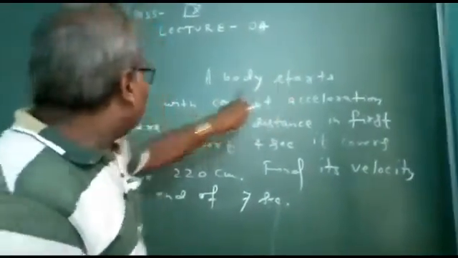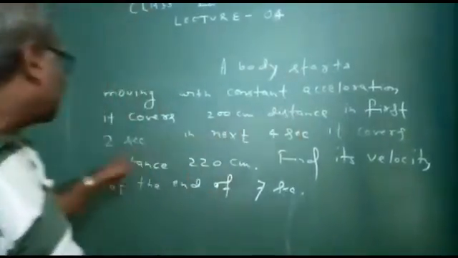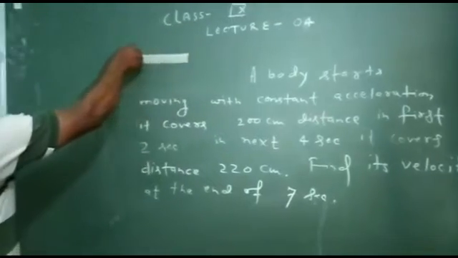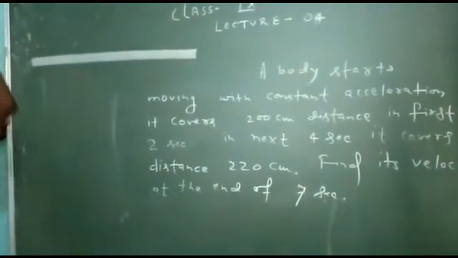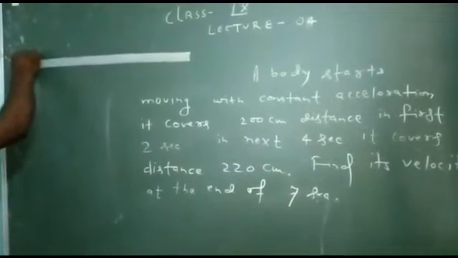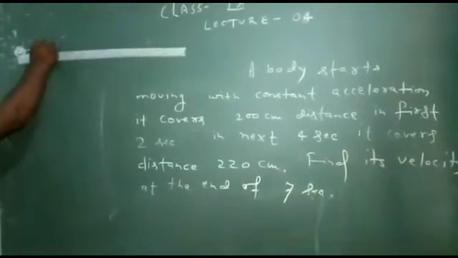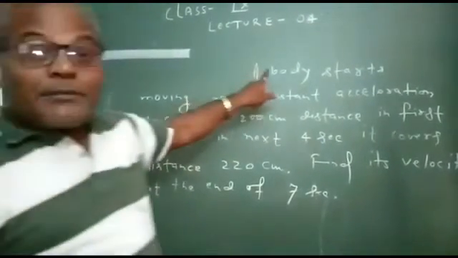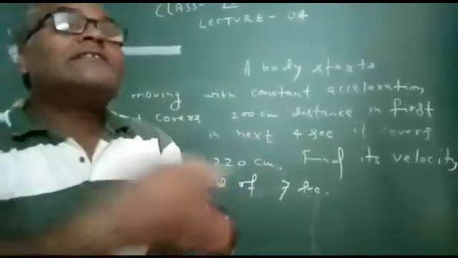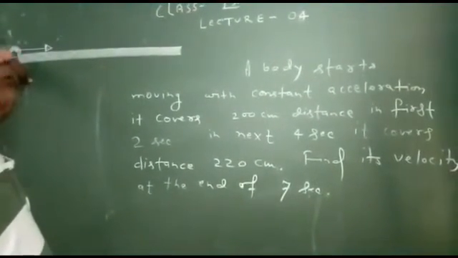Let us suppose that a body starts moving with constant acceleration. It covers 200 centimeter distance in first 2 seconds, and we draw a line. If in the given statement the body starts moving from rest, then confirm its initial velocity will be 0.